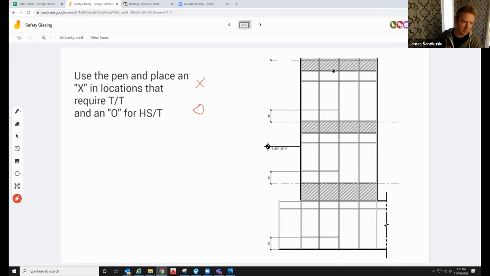Use the pen and place an X in locations that require tempered over tempered and an O for heat strengthened over tempered. Are these walking surfaces on the exterior?